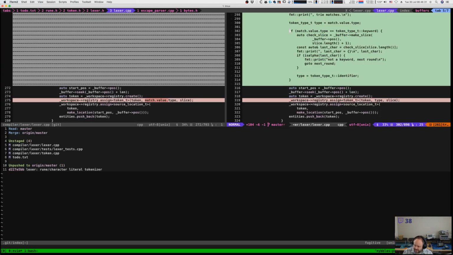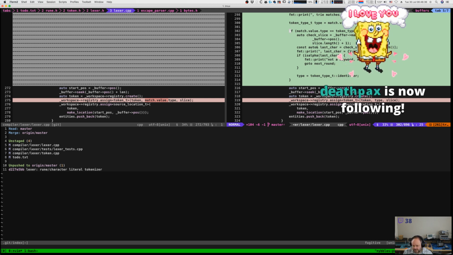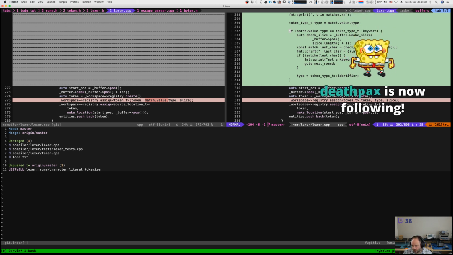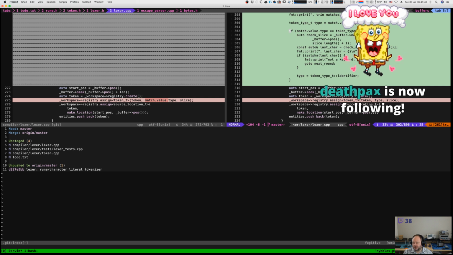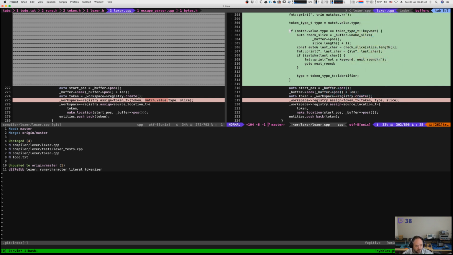Also, there's a special case here for keywords. If we land on a keyword, we have to treat that a little bit specially. We have to determine if it's truly a standalone keyword syntactically, or if it's just part of a larger word. We don't want to break on those if they're all combined together.